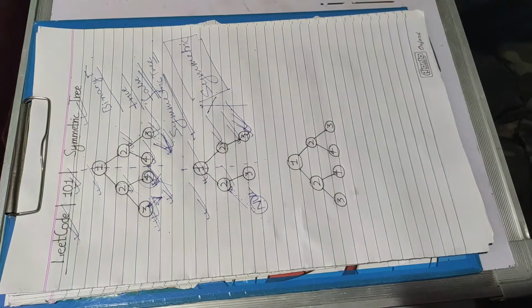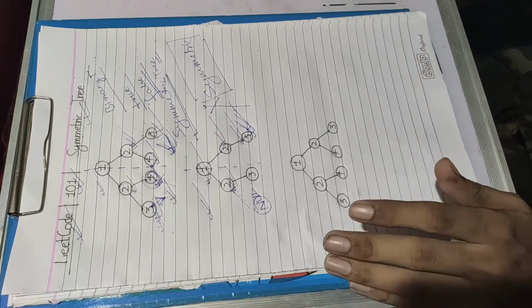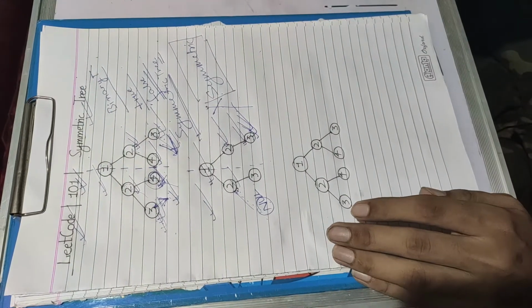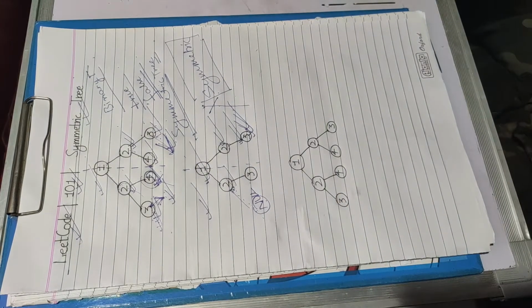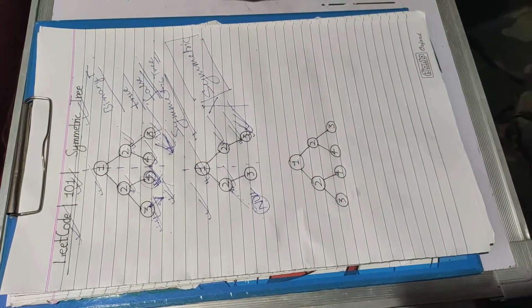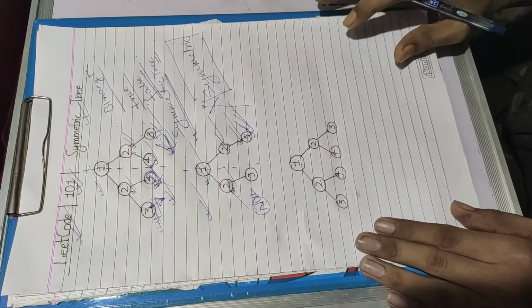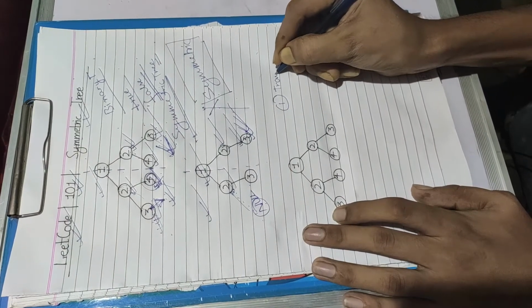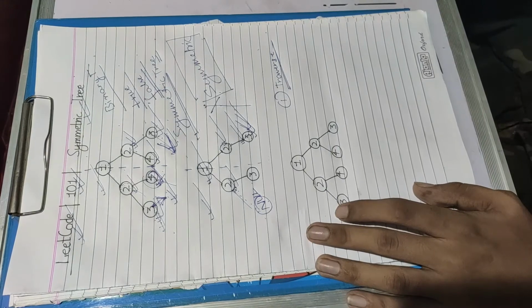Now this is what we did by hand. Now what is the appropriate algorithm to solve this problem through code? What we are going to apply, we will first traverse the binary tree.